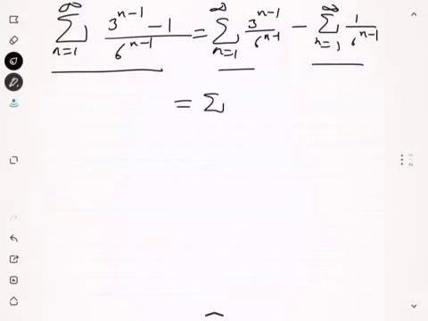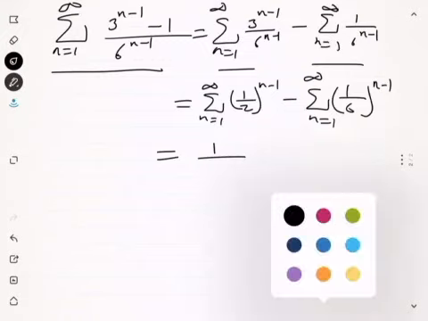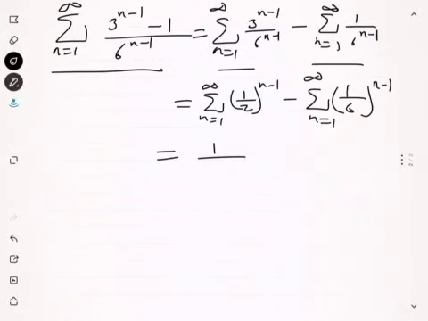The first series right here is the series of 1/2 raised to the n minus 1, minus the other series, n equals 1 to infinity of 1 over 6 raised to the n minus 1. For the first series, it's a geometric series. The first term is 1 and the ratio is 1/2, so this is 1 divided by 1 minus 1/2.